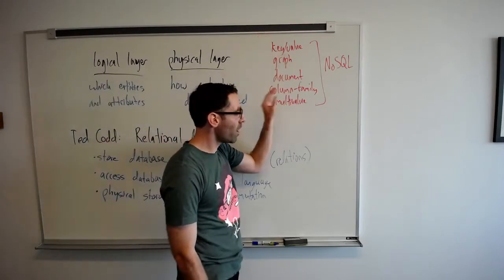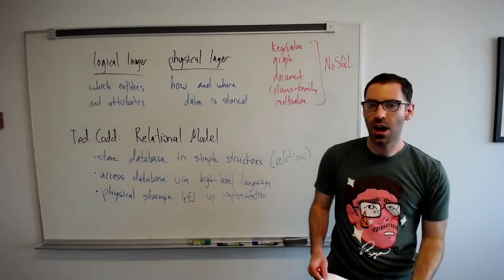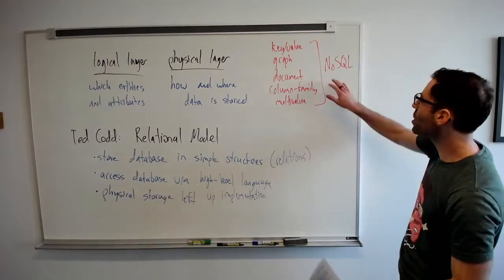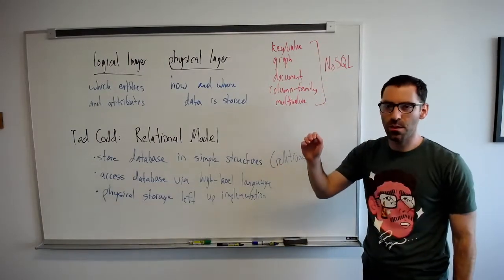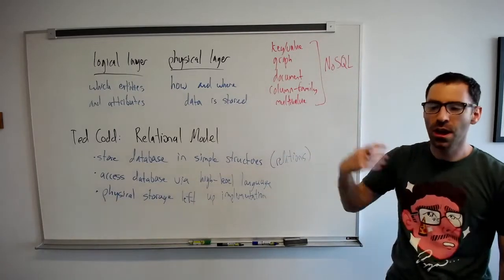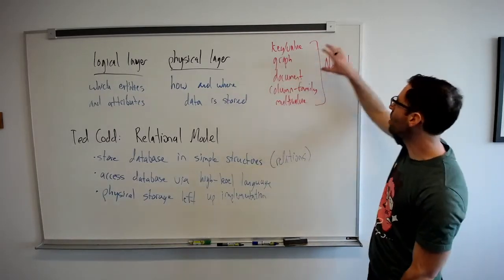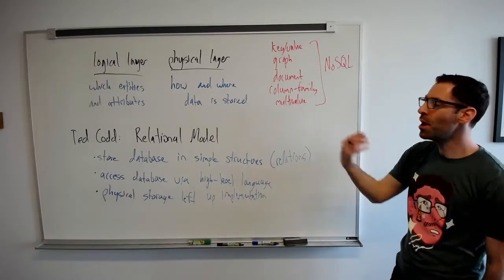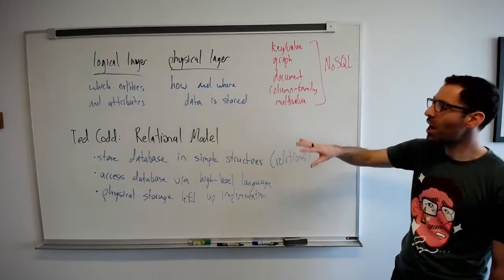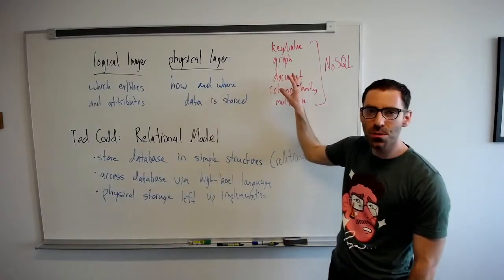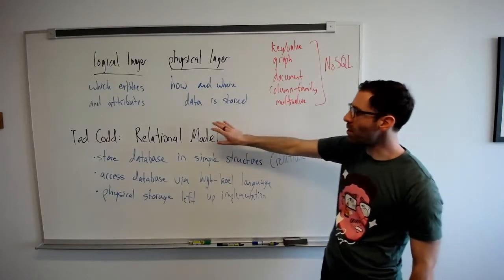So there's this family of other data models that are all sorts of different ways of representing data, but what they have in common is that they're not like the relational model. They don't support SQL as a way to access the data. There has been, over time, a cross-pollination between these NoSQL models and the relational model.